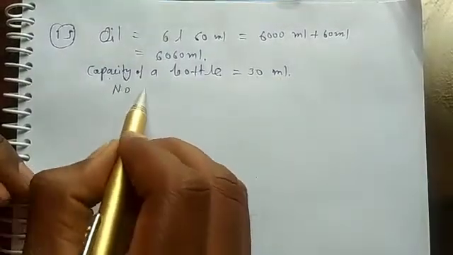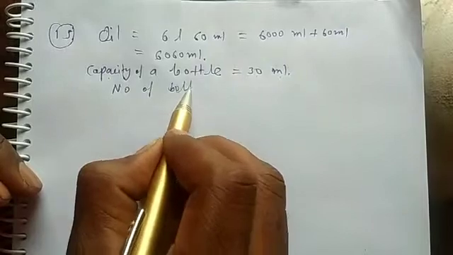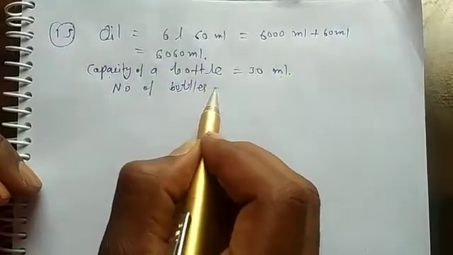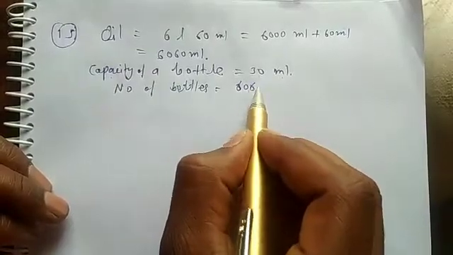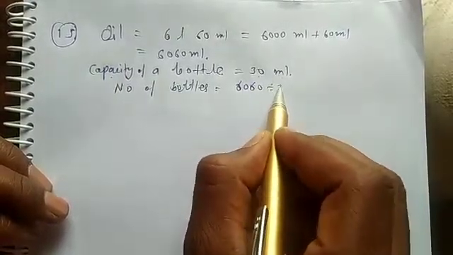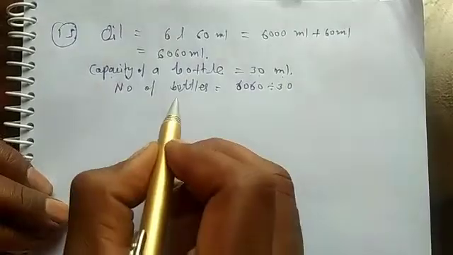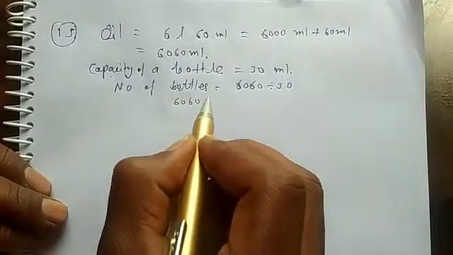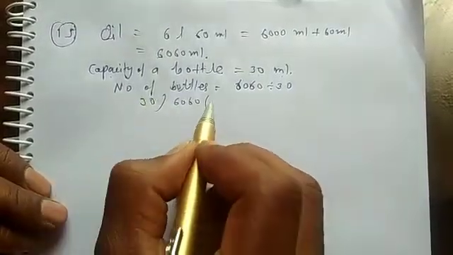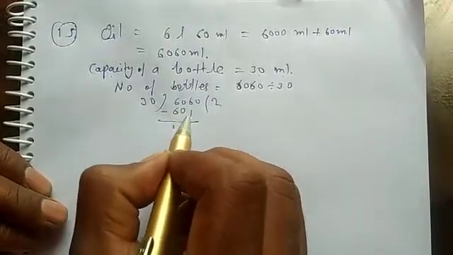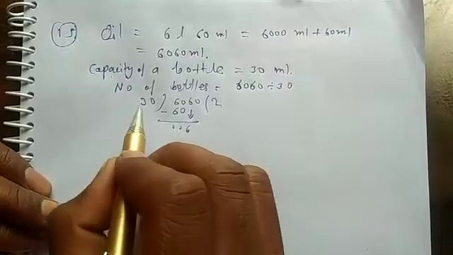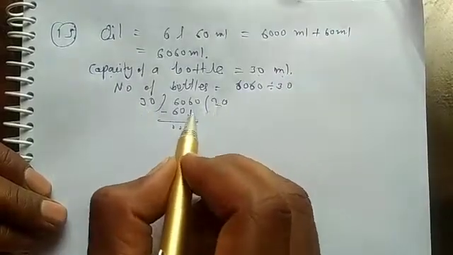So we have to find out number of bottles equal to the total oil divided by the oil in a bottle. Simply divide this value by 30. 30s are 60, subtract 0 0, bring down 6, but 6 is not divisible by 30, so place 0 here.